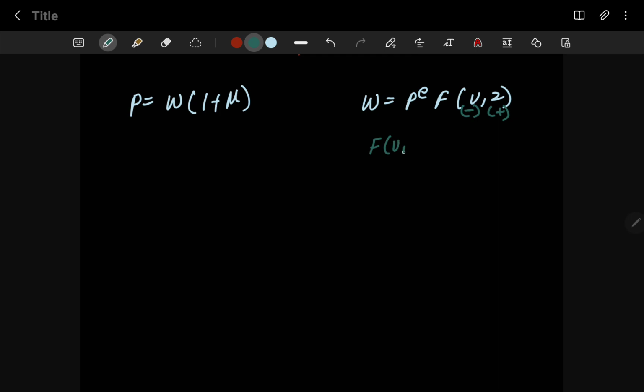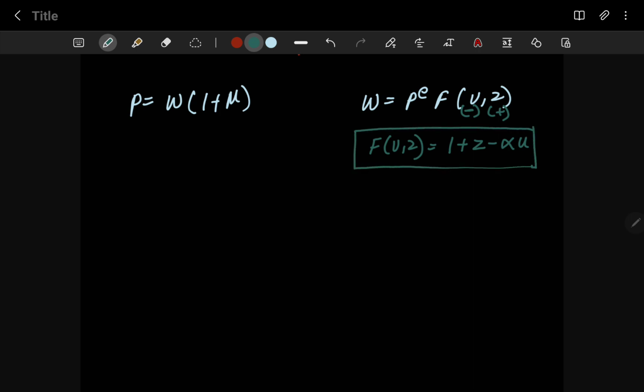Well, we know P is equal to W times 1 plus mu, and W is equal to PE times F(U, Z). Also we are aware of the negative relation between U and W, and the positive relation between Z and W. So now we may write this in equation form, like this: 1 plus Z minus alpha U. You need to remember this.